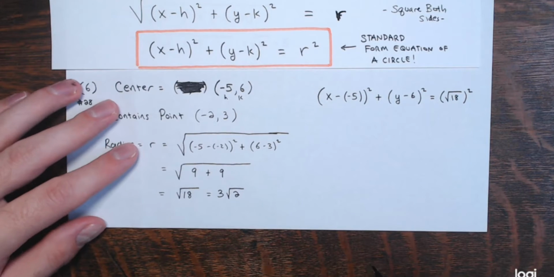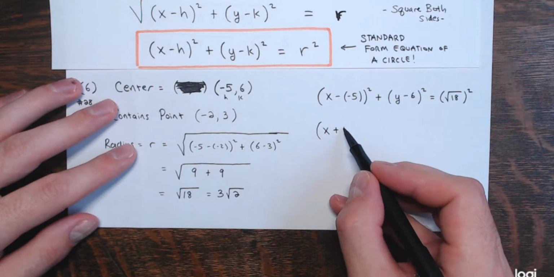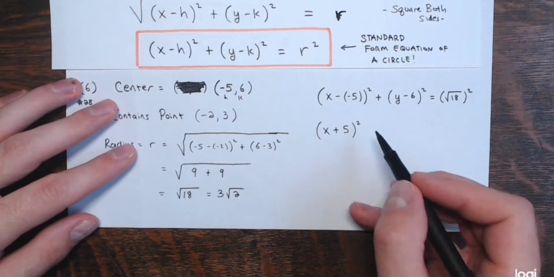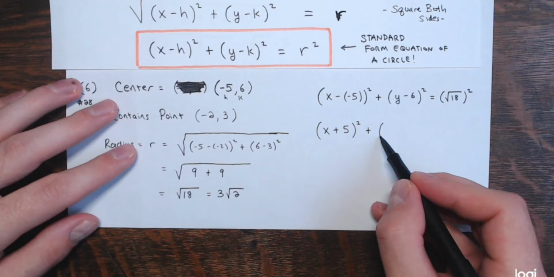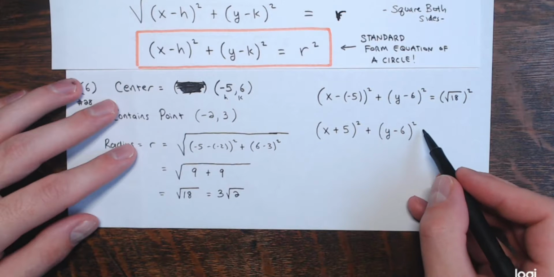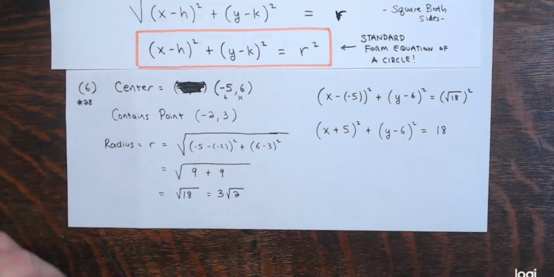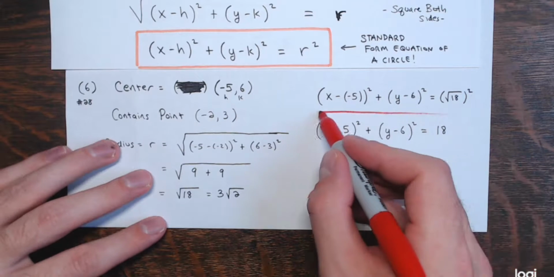Right? And then simplifying, we get x plus 5 squared plus y minus 6 squared equals 18. Right? The square root of 18 squared would just be 18. And there we go. That is all we're asked for.